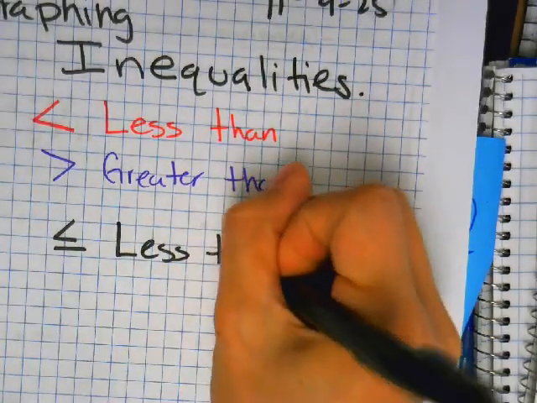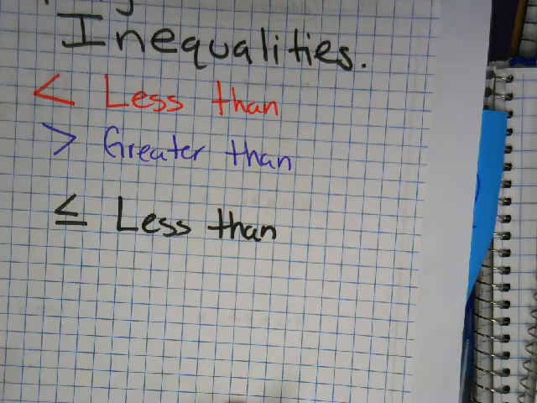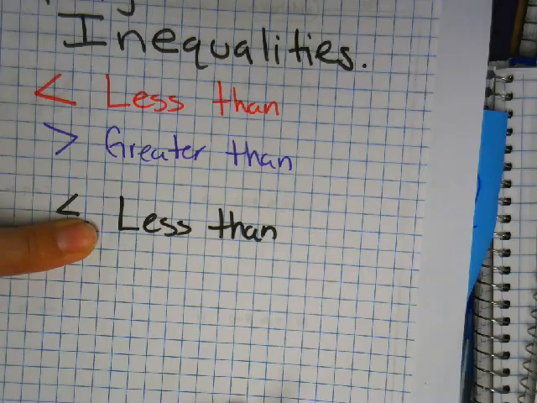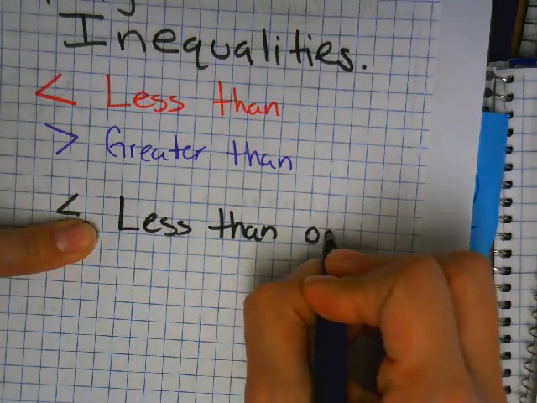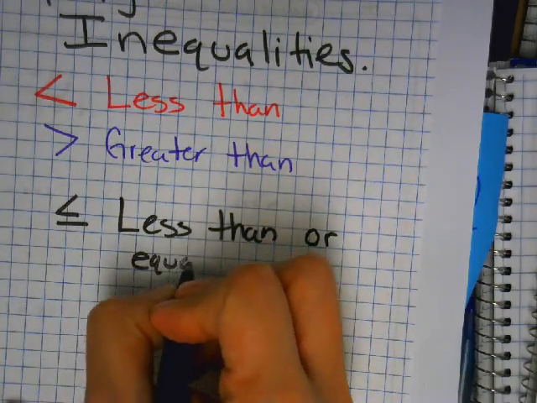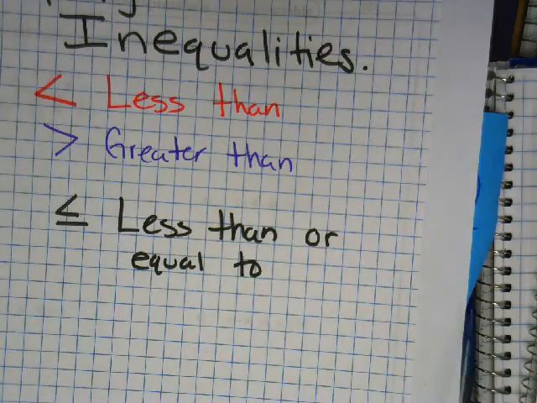Less than is this part, right? Less than is that part. Or this bottom part is equal to. So it's like a combo. You have a little bit of this and then the equal to, like an equal sign.